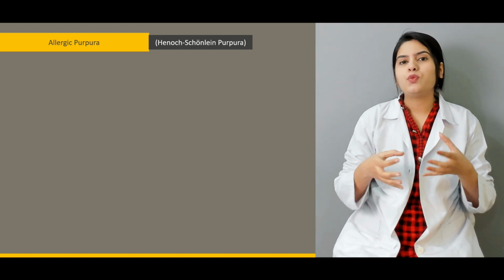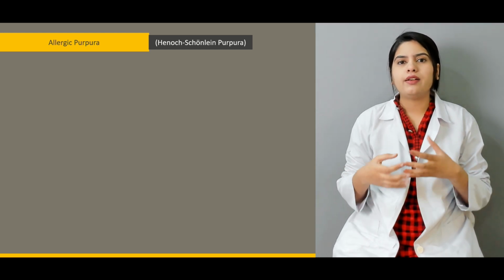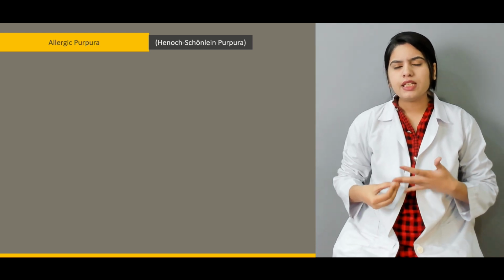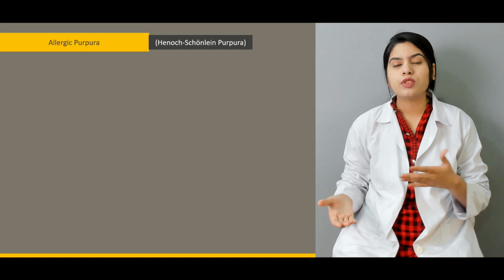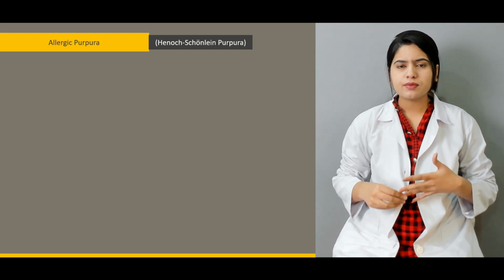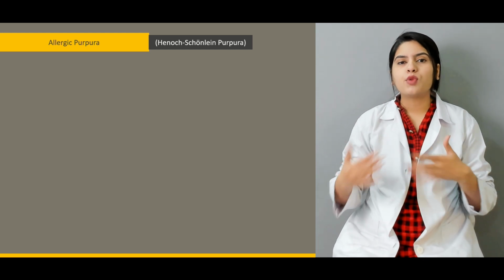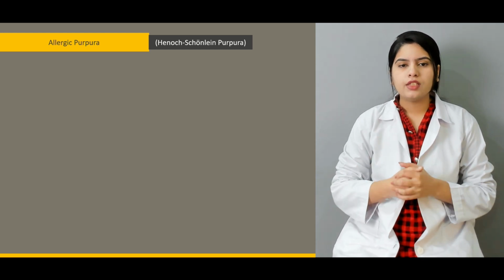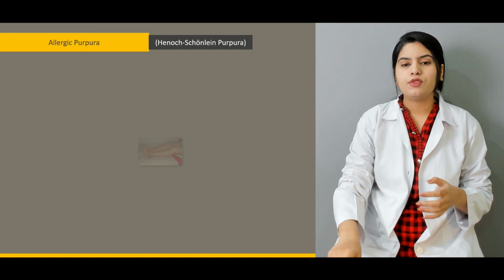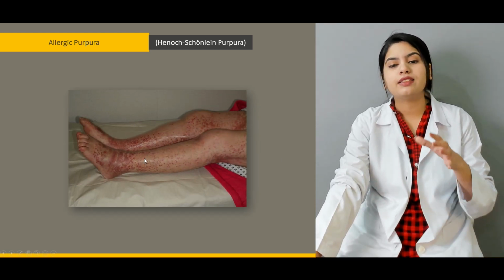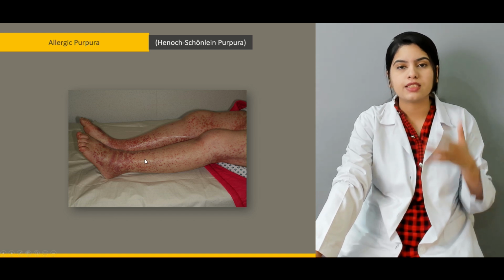The small blood vessels of any part are either inflamed or defective. In most cases, there is inflammation of the small blood vessels, and that involves IgA as well in response to that inflammation. Now, if you see this diagram, it will tell you that this is a condition that is affecting the skin.